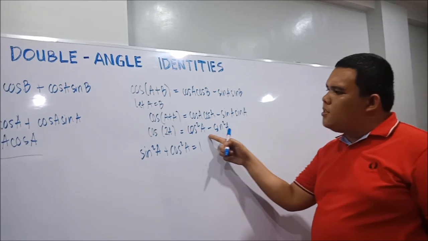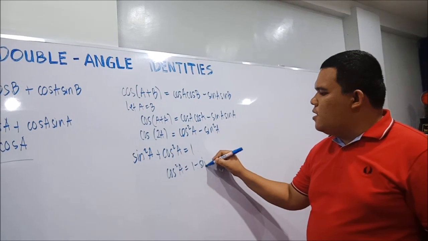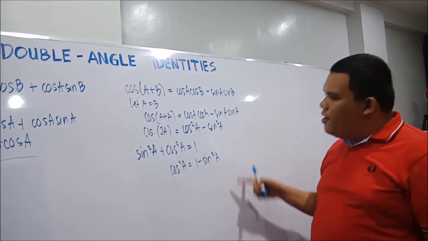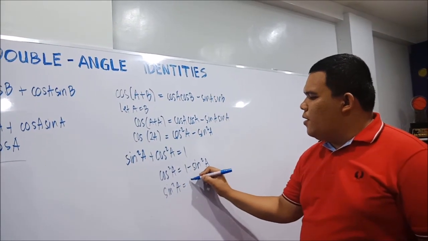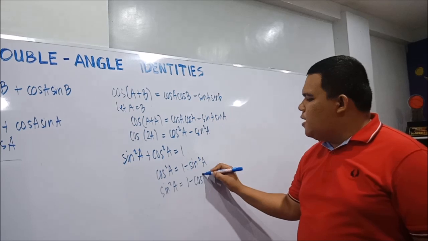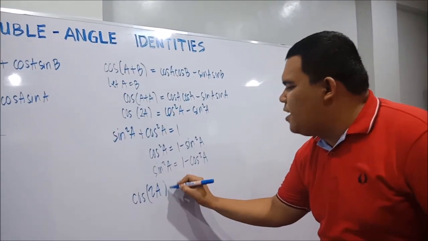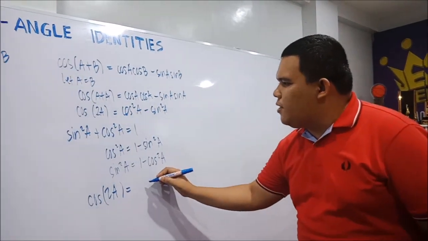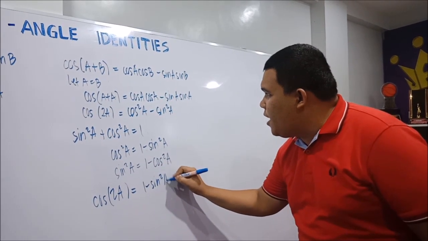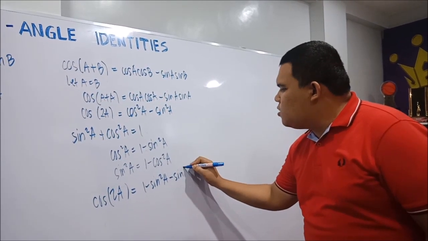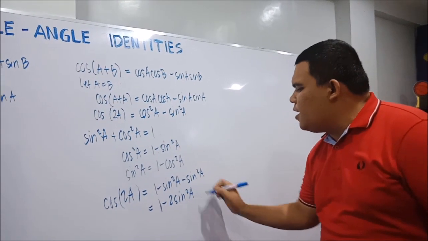We can replace cosine squared A here with 1 minus sine squared A, or we can replace sine squared A here with 1 minus cosine squared A. So cosine 2A can also be written in the form 1 minus sine squared A minus sine squared A, or 1 minus 2 sine squared A.